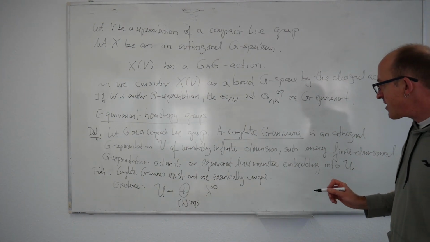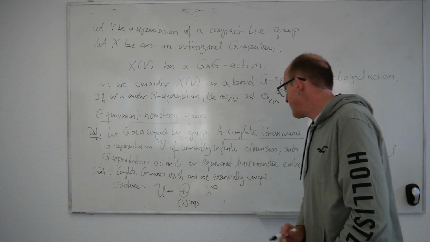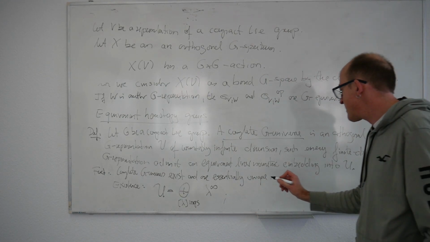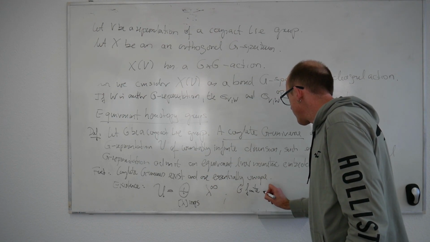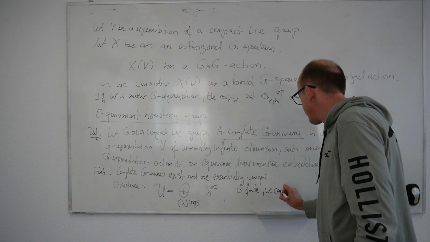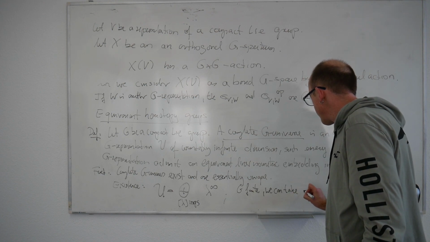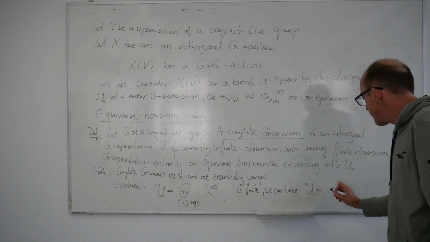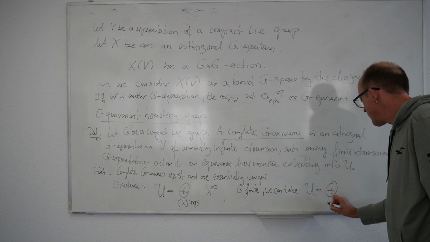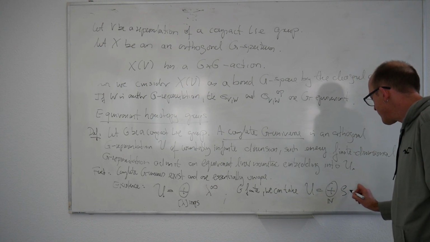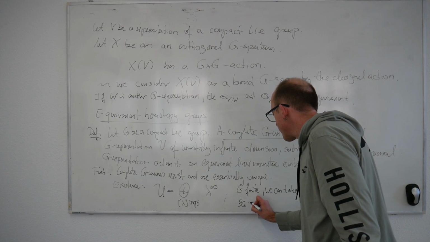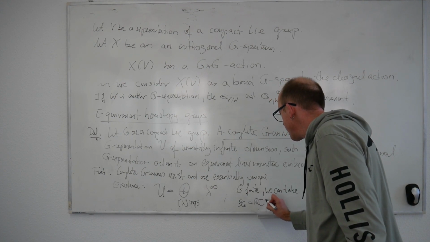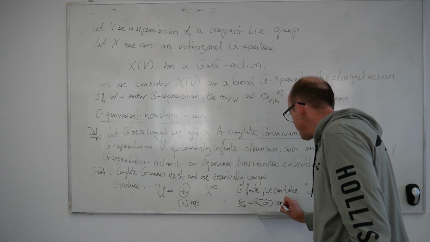So if G is finite, we can make a specific choice for this. If G is finite, we can take U to be an infinite sum of copies of the regular representation, rho G, which is RG, the regular representation.